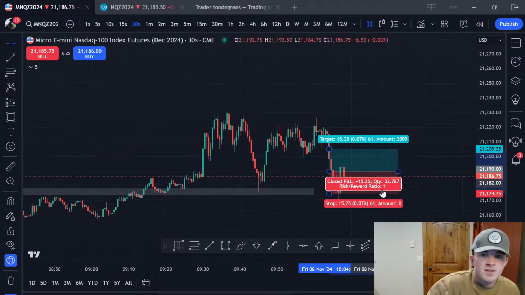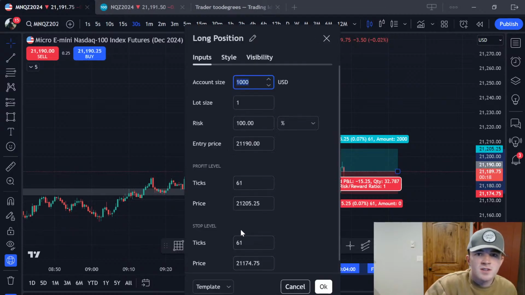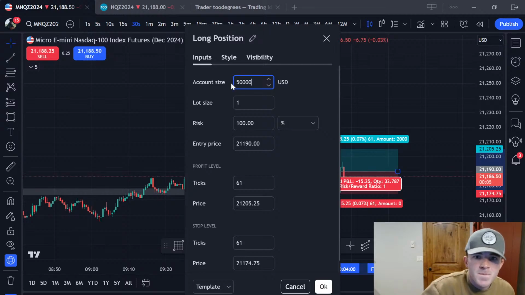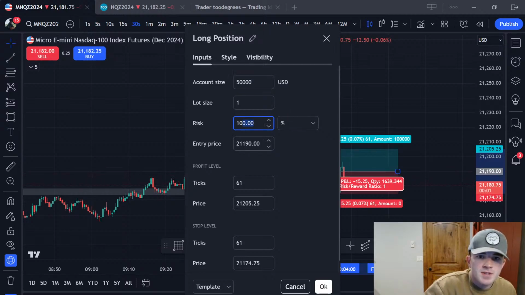So all I have to do is change the settings, but you can put in account size. Okay, account size is 50,000. Okay, risking 1%.